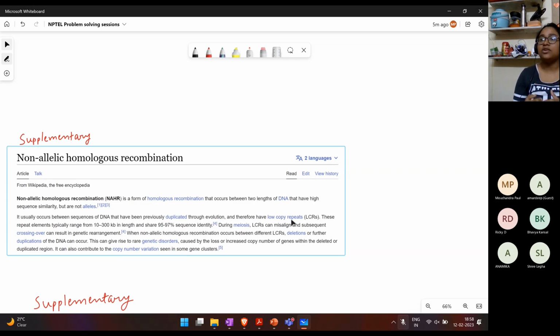Then there is gain of function. One point mutation, or a dynamic mutation, any kind of mutation in the DNA sequence, because of which the encoded protein has gained a new function, will be called gain of function. Dynamic mutation is not necessarily a loss or a gain of function.